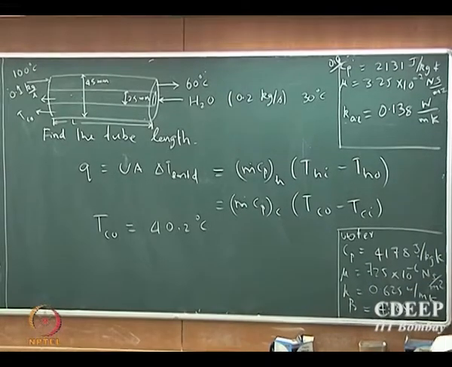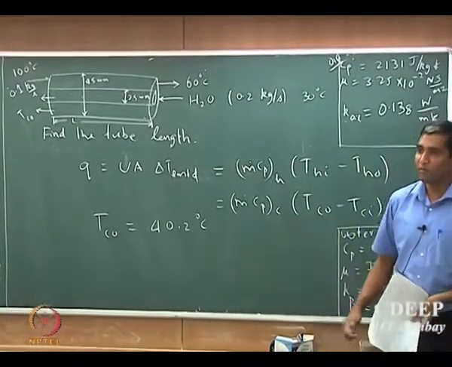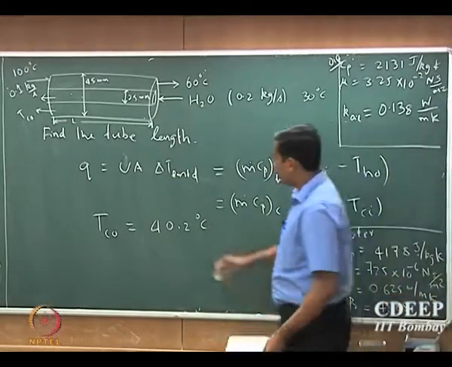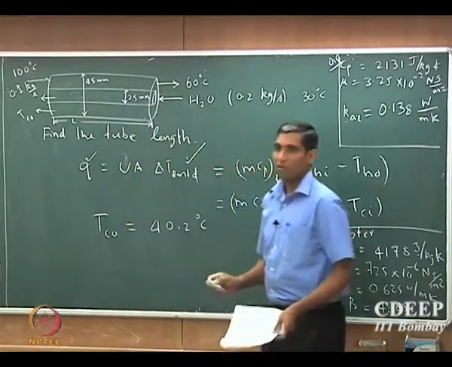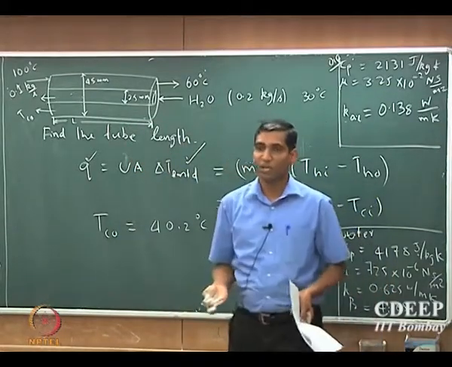So all the properties are given, so we can immediately find out Tco. So we know Q, we know delta T LMTD. Now we need to find U, the overall heat transport coefficient.